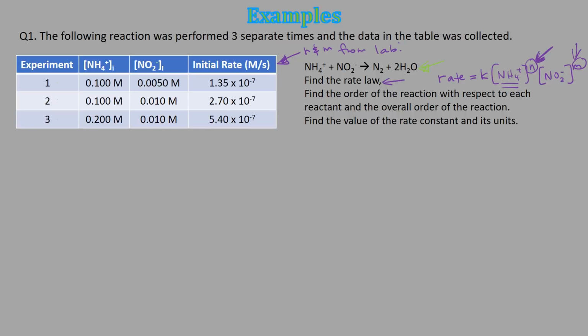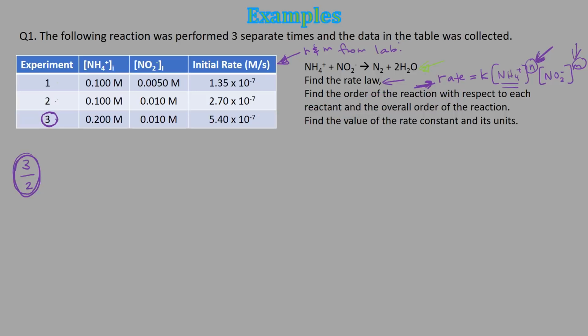So I am going to compare experiments 2 and 3, and I am going to put experiment 3 on the top because it's got bigger numbers in it. So I'm going to put 3 over experiment 2, and this is just for our viewing. It's not part of the math. So I'm going to plug in all of the information into our rate law that we wrote over here.